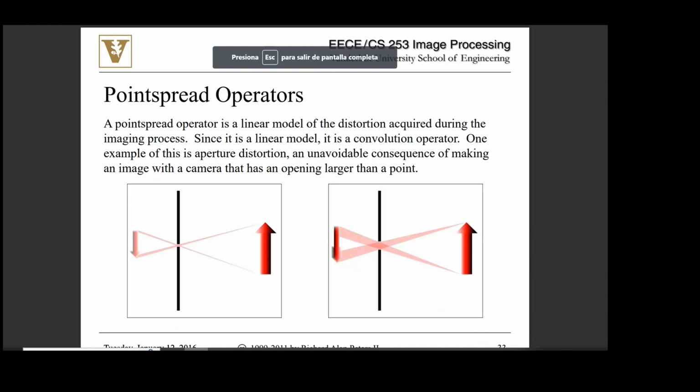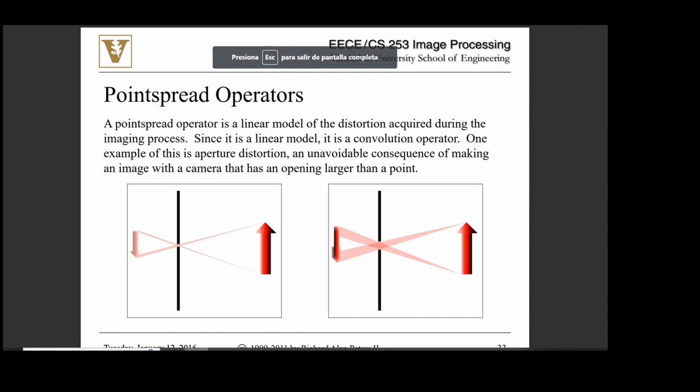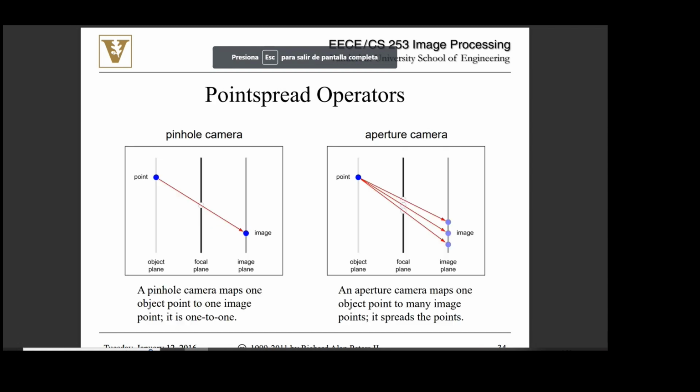These kernels are called point spread functions, and they are related to the optical devices that we use to acquire our images. We will not enter into these. Probably you're seeing this with Osiris, right?